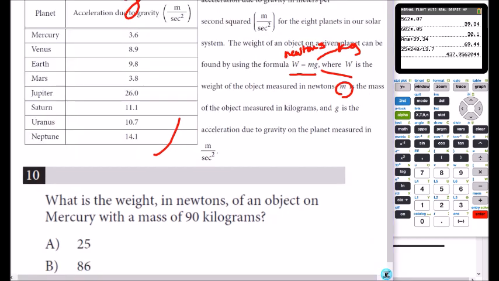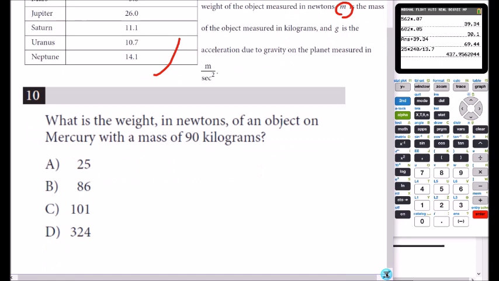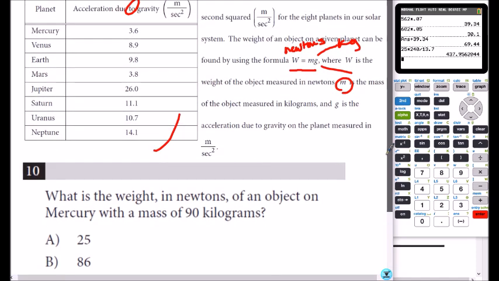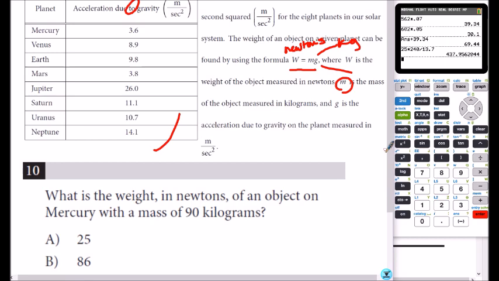Number 10, what is the weight in newtons of an object on Mercury with a mass of 900 kilograms? Mercury has G of 3.6. So you're looking for the weight, which is 90 kilograms times 3.6 G. Here W and M are weight and mass.